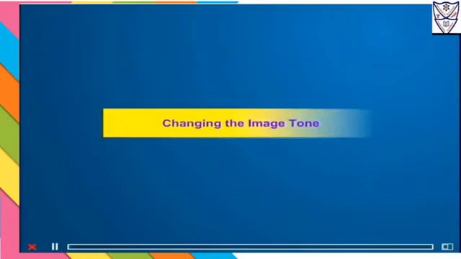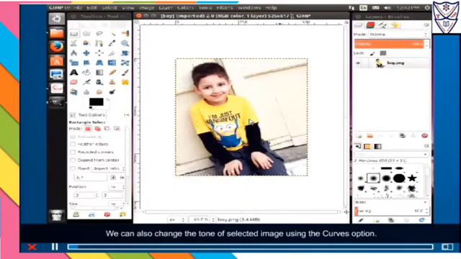Changing the image tone. We can also change the tone of selected image using the Curves option. This is one of the most sophisticated tools which helps to evenly change the color, brightness, contrast or transparency of the selected image or part of it to make it more attractive.